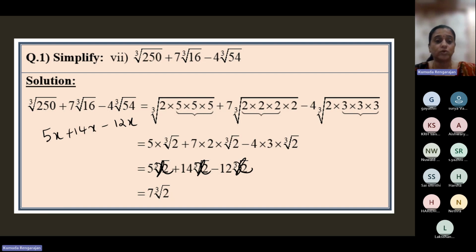So 5x plus 14x minus 12x is 7x, meaning 7 cube root of 2. This is multiplication: 7 into cube root of 2, which is nothing but 7 cube root of 2.